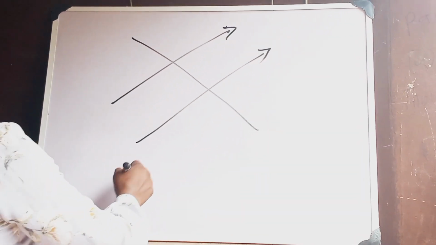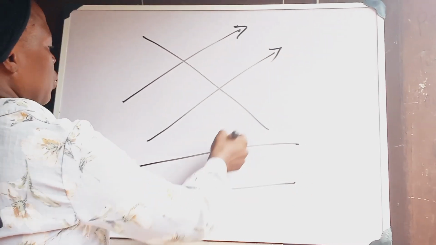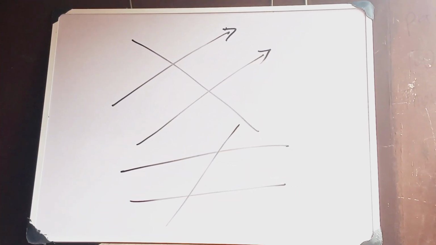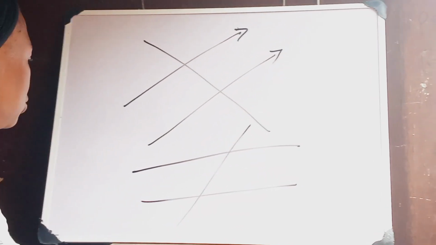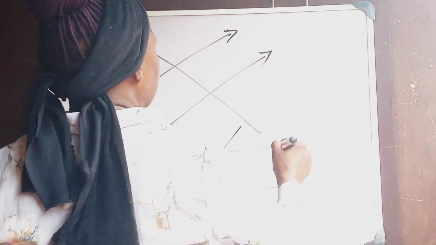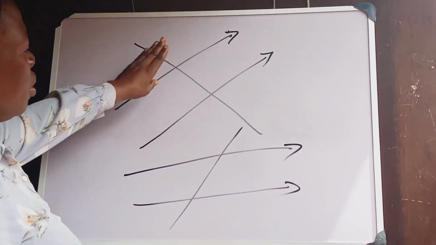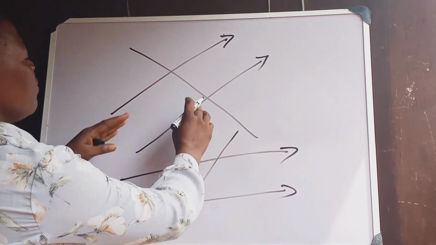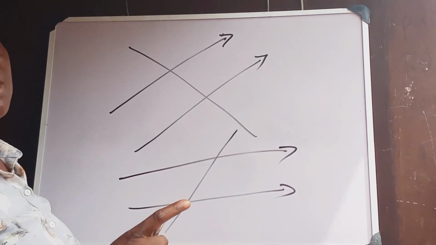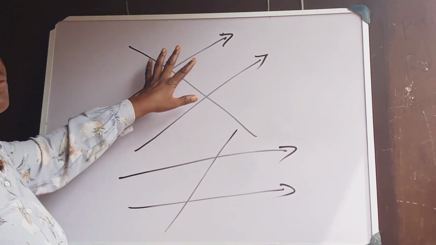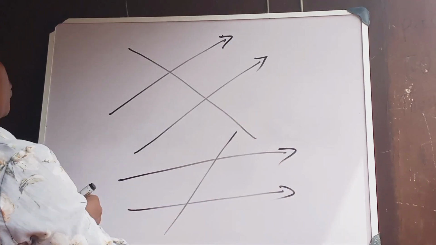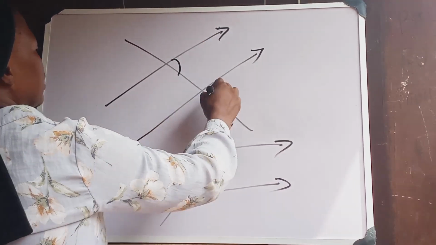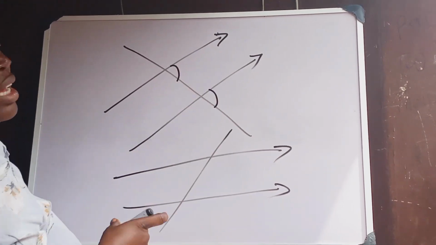Or we can still draw it this way, depending on how we want it to be. For example, on this board now, whenever there is this transversal line, angles are formed. Something like this and something like this.